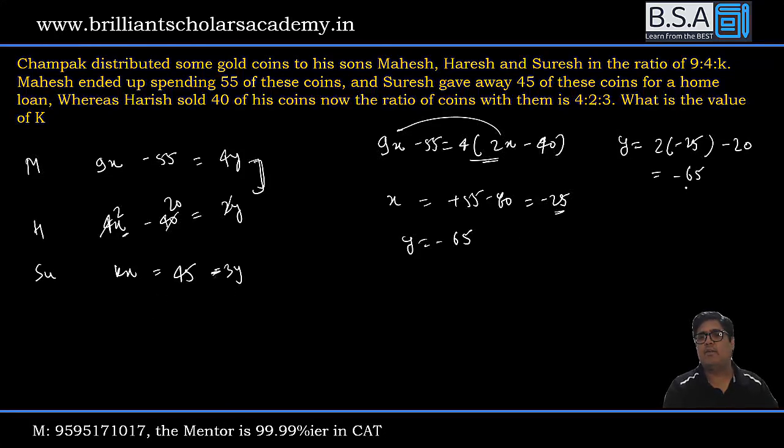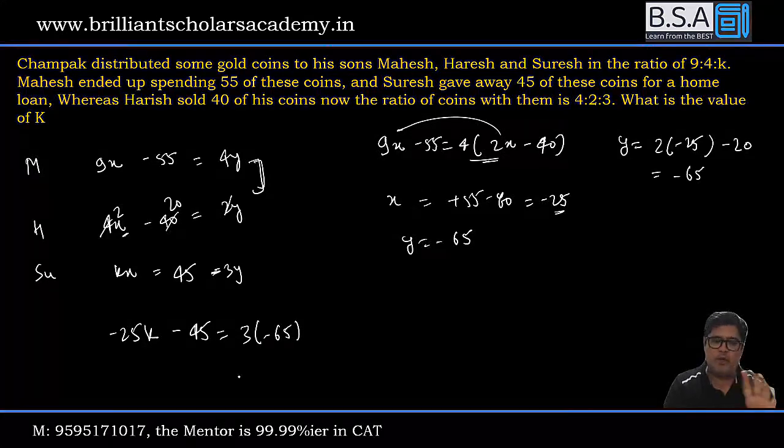Bring that in the last question, we will have the answer for k. Put this value minus 25k minus 45 is equal to 3 into minus 65. No problem, even if it comes with negative.